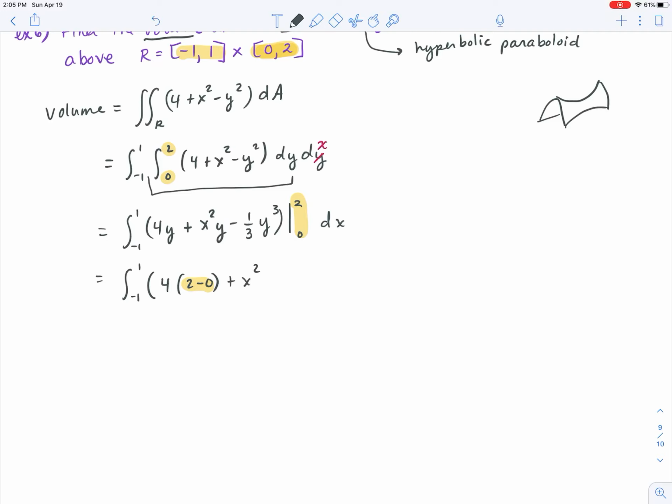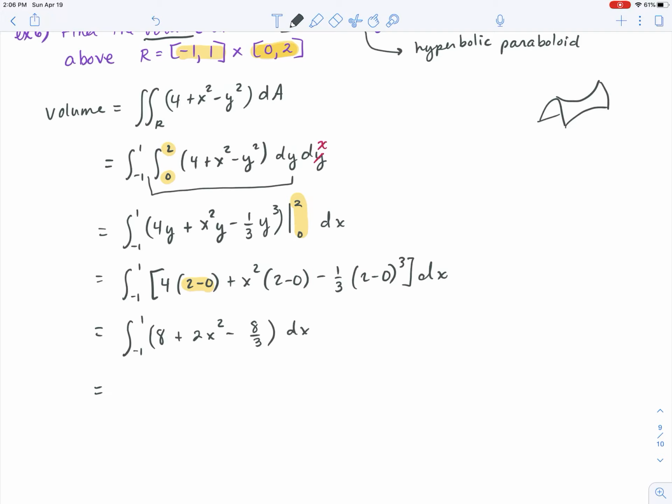Plus, I've got x squared, 2 minus 0, minus 1/3, 2 minus 0 cubed, dx. So I think I have the wrong parentheses here, but that's okay. So I've got the integral from -1 to 1 of 8 plus 2x squared minus 8/3 dx.